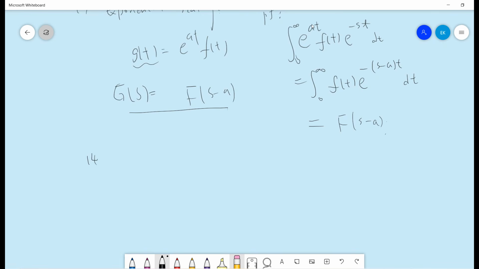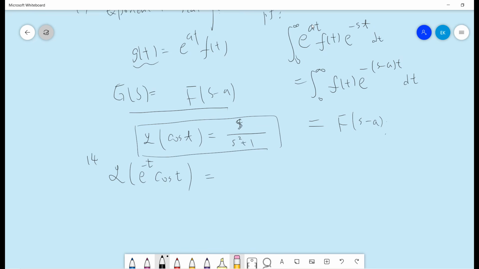Okay, so 14, we can calculate a difficult one that people like to ask: exponential minus t cosine t. Remember that the Laplace transformation of cosine t is s over s squared plus 1 by the previous item.